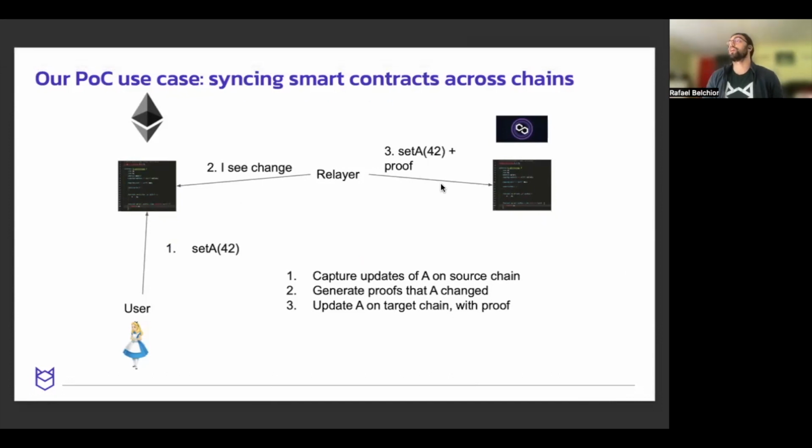Okay, so we're going to talk a bit about it, but essentially you want to synchronize the use case. So there's a trade-off between liveness and cost. The more synchronizations you do, or the higher the frequency of synchronizations, the higher the cost you'll have, because the more on-chain transactions you have to submit.